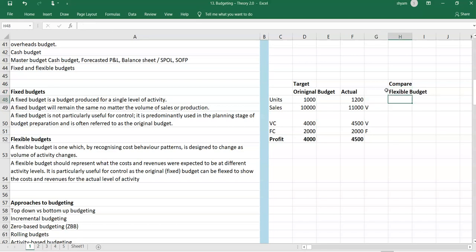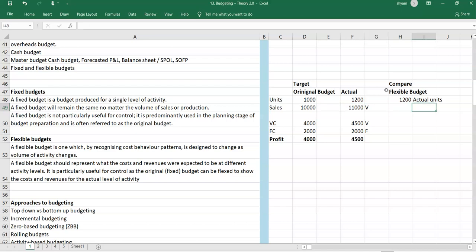So the flexible budget takes the actual units into account. So the 1,200 would be the budget. This is still a budget only. We take the actual units alone, but thereafter we take the numbers of the original budget.